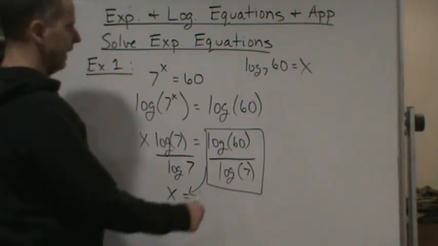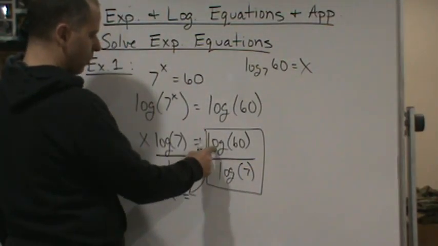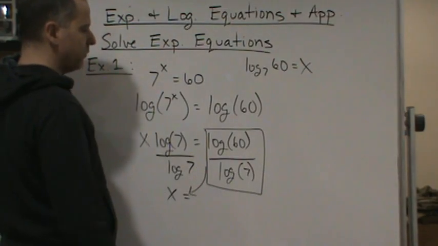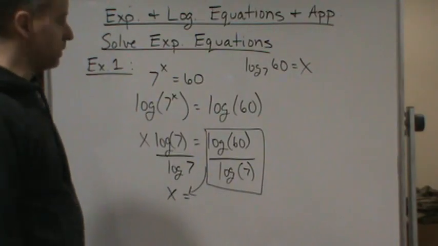So if you look at this, notice what we just did. We actually derived the change of base formula. This is essentially how we derived the change of base formula.